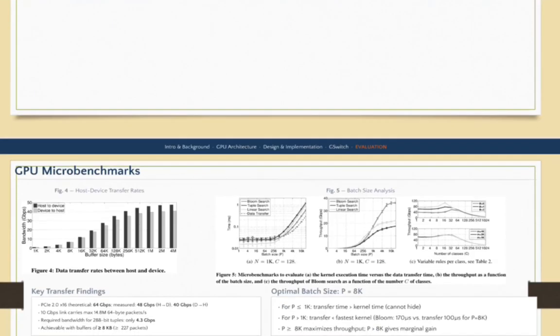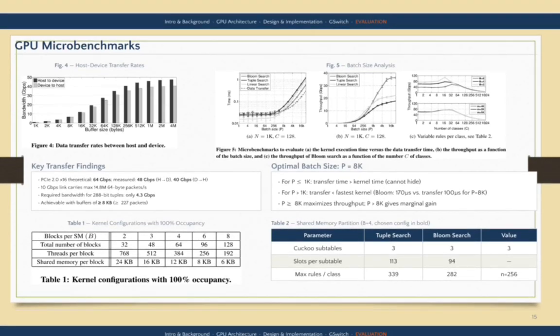Slide 15 presents the GPU microbenchmark results. The experiments show that the transfer between the CPU and GPU is not a major bottleneck when packet batching is used.